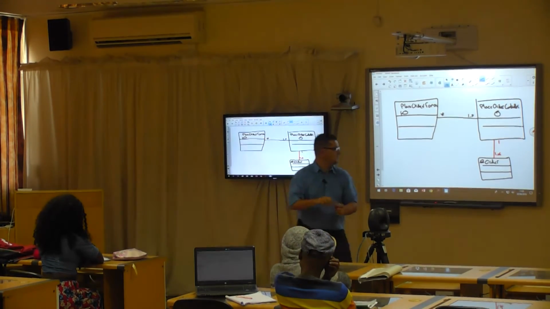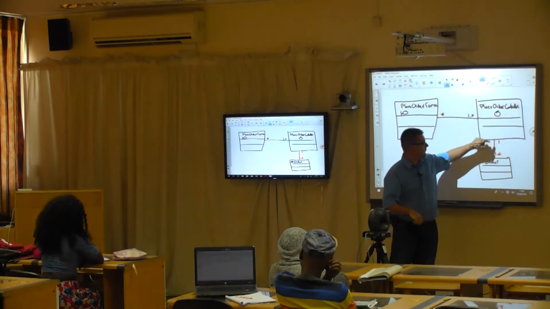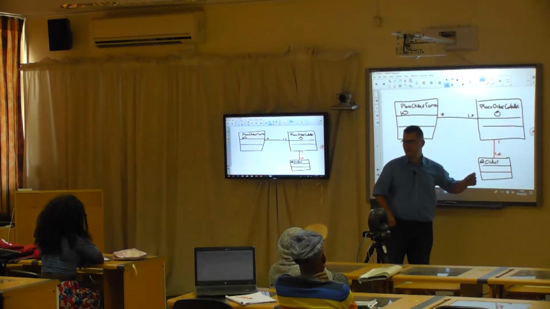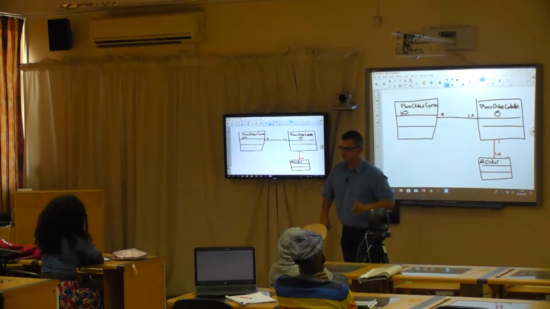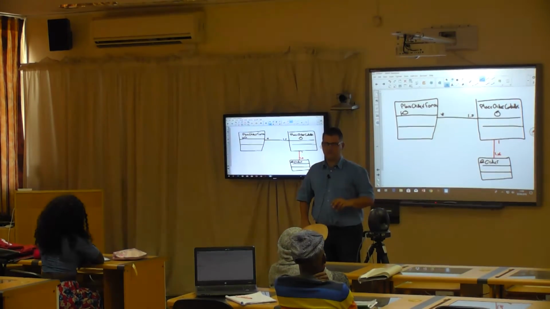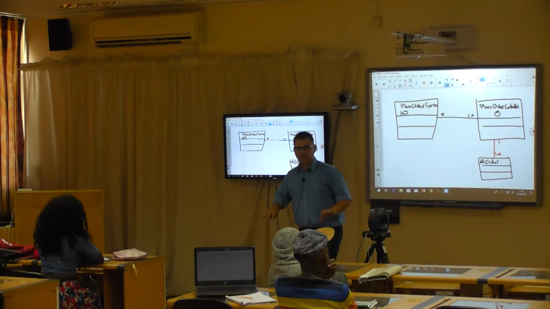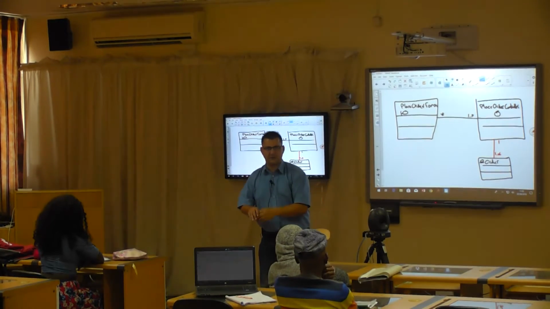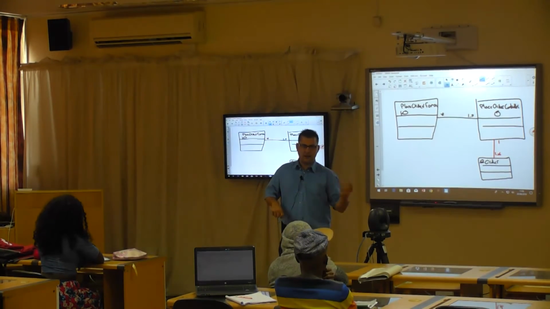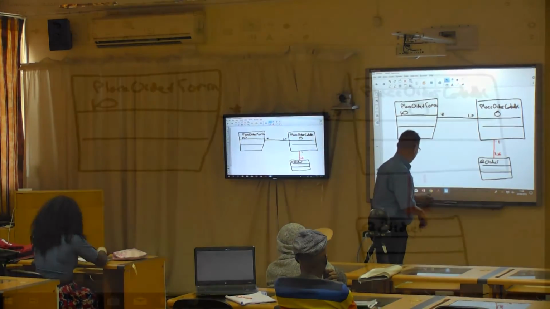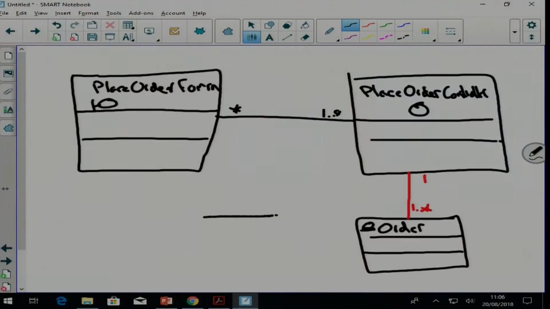Okay. So, do we possibly have aggregation and composition here? Is the order part of the controller? No, because it's actually 2 different classes having different scope. Entity and controller.